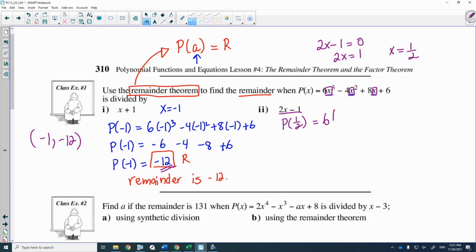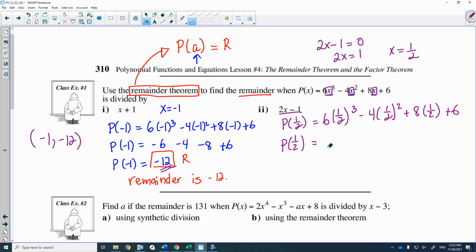That would be 6 times 1/2 cubed minus 4 times 1/2 squared plus 8 times 1/2 plus 6. P of 1/2 is equal to, if you were doing this in class, it is enough to have this as your first step. You could then enter this onto your calculator and just write the output here.